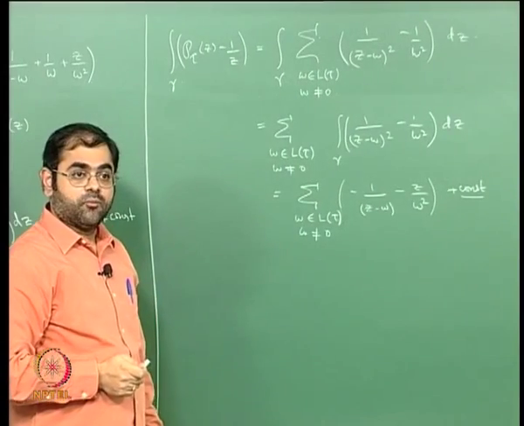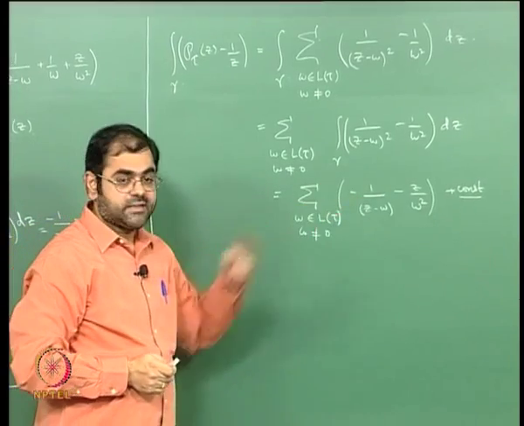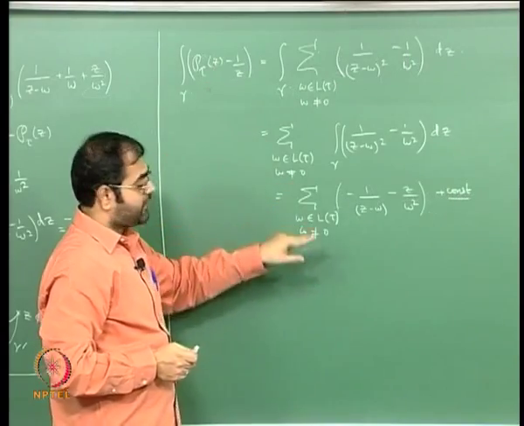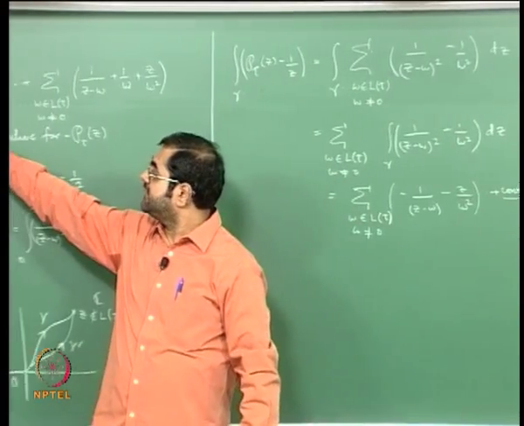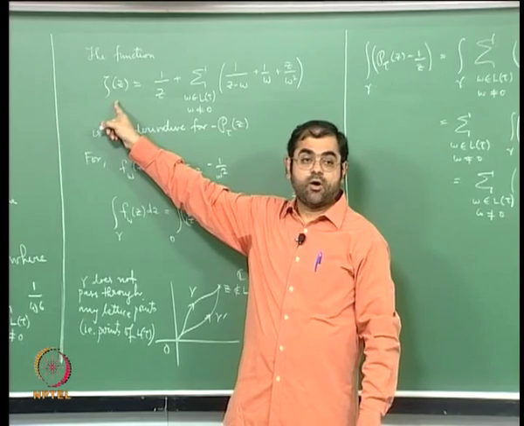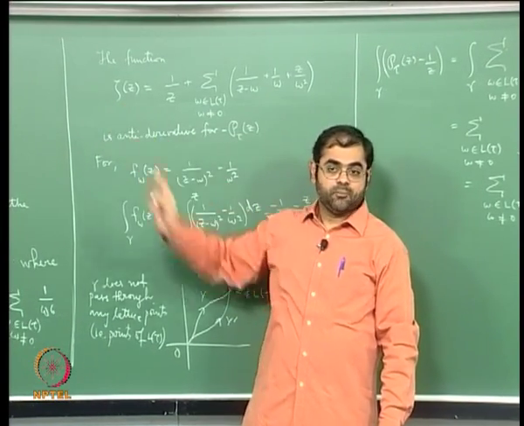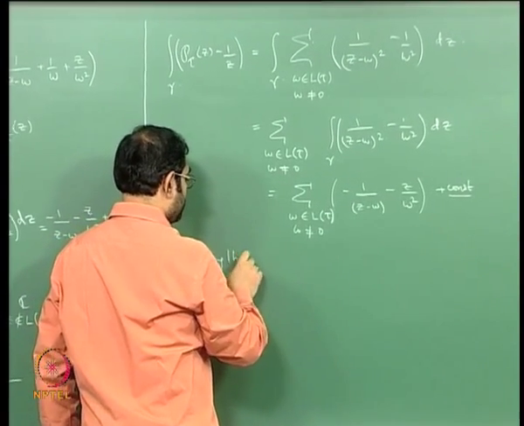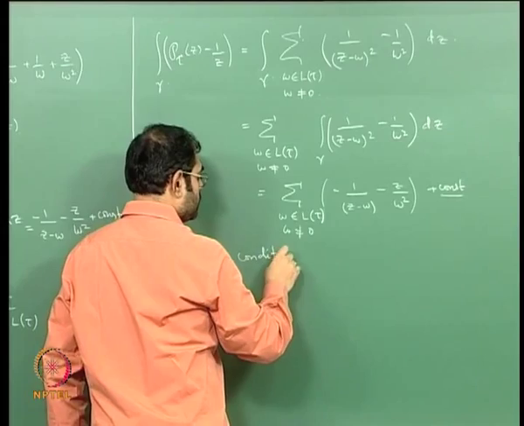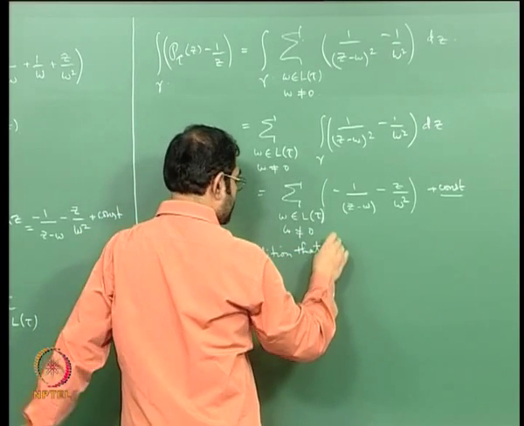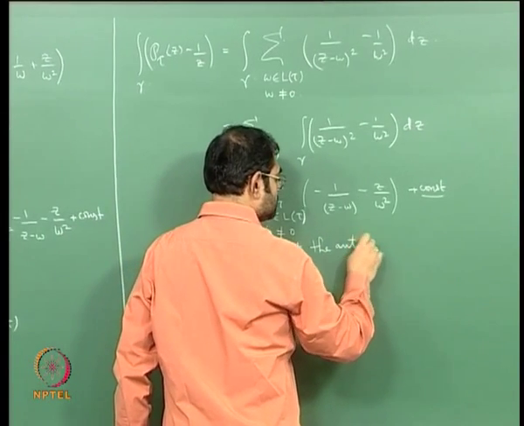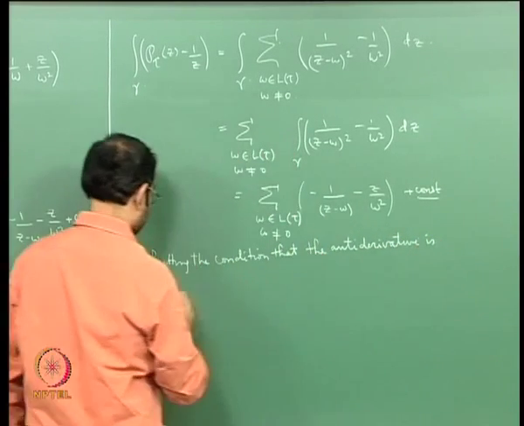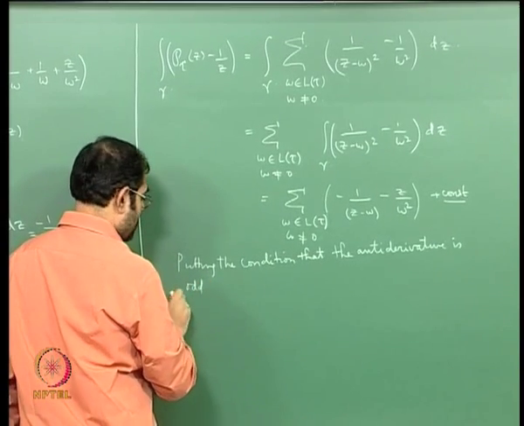That constant can be uniquely fixed by assuming that the integrated function is an odd function of z, putting the condition that the antiderivative is an odd function of z.